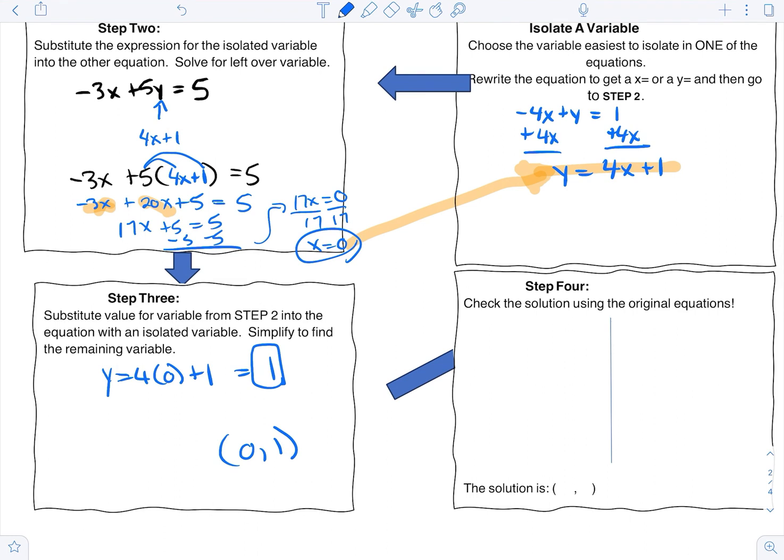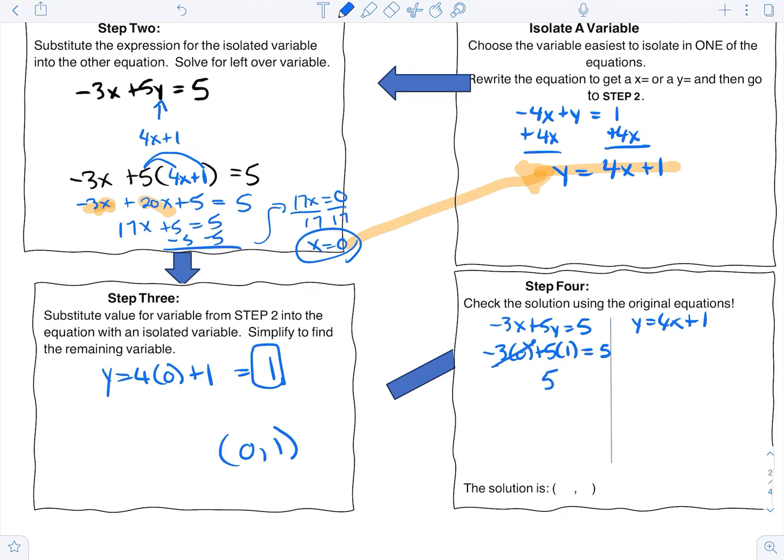We got to check it though. So we're going to check it into negative 3x plus 5y equals 5. Then we're going to check it into y equals 4x plus 1. All right, so this is negative 3 times 0 plus 5 times 1 equals 5.